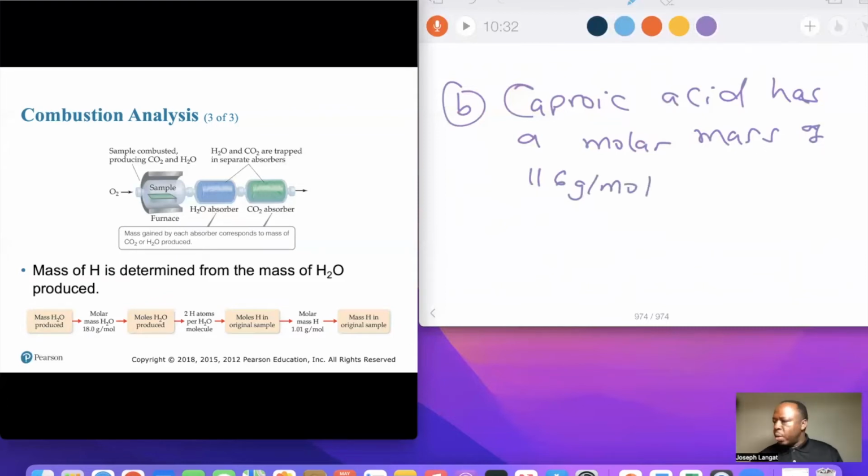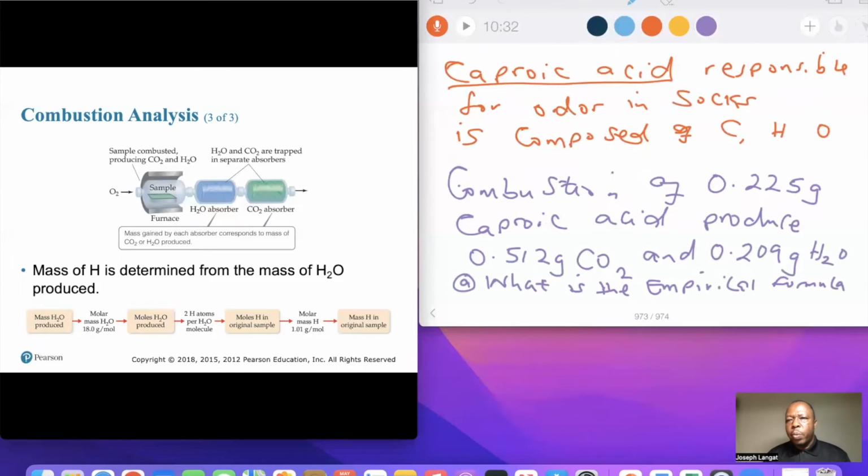What is the molecular formula? What is the molecular formula of the caproic acid? So those are the two questions. Caproic acid is responsible for the bad smell in socks. It's composed of carbon, hydrogen, and oxygen. So how are we going to determine the empirical formula and molecular formula?